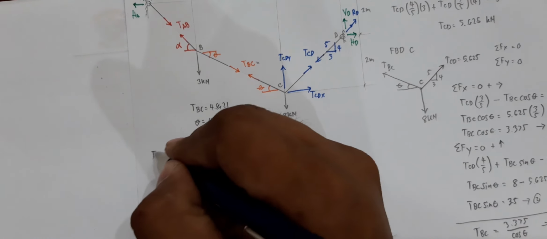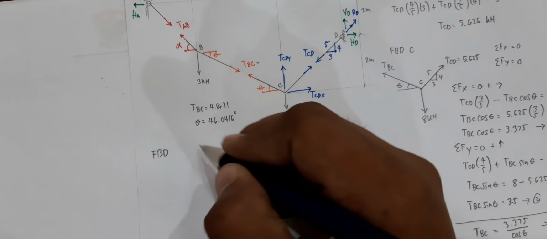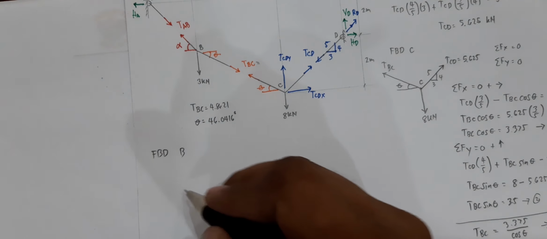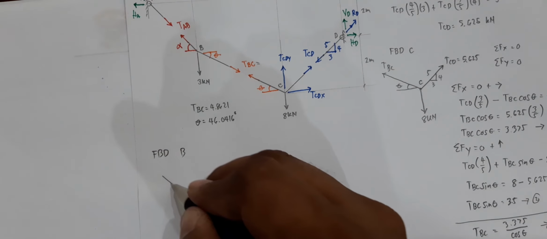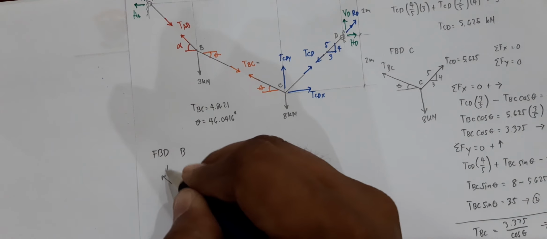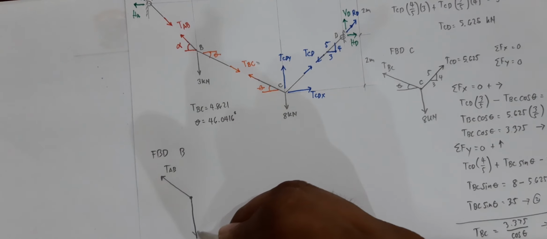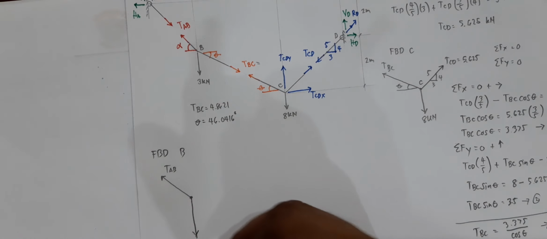Okay, so free body diagram for B. Let me rewrite that one. You have here TAB, you have your joint, and then you have your load, which is 3 kilonewton.